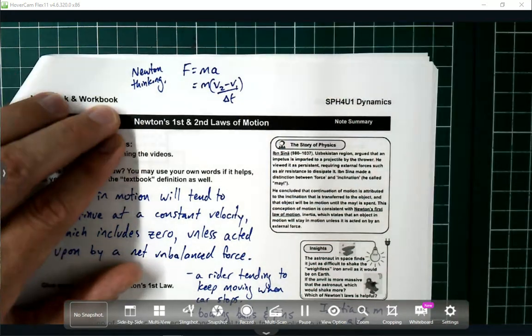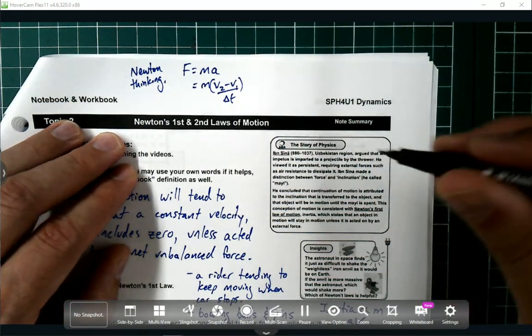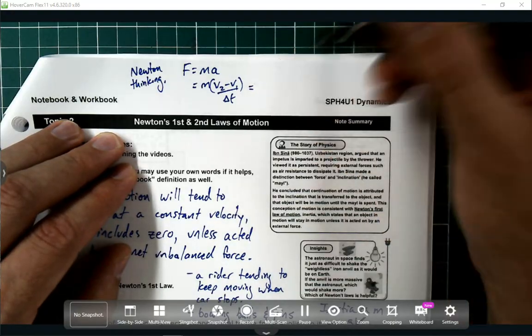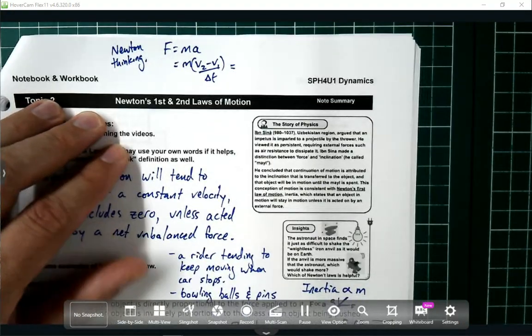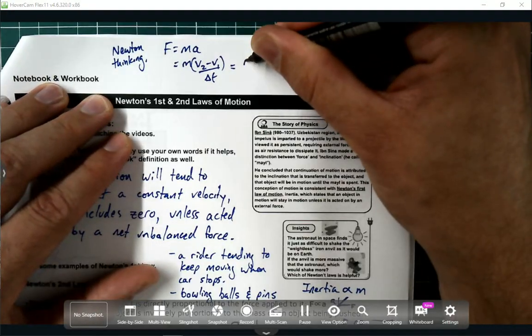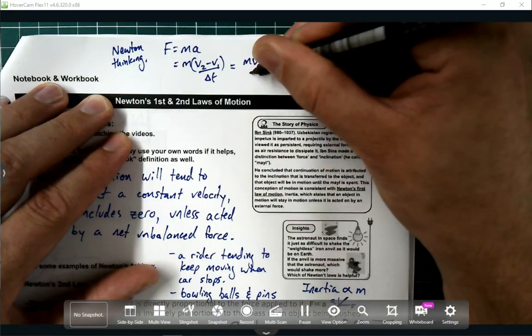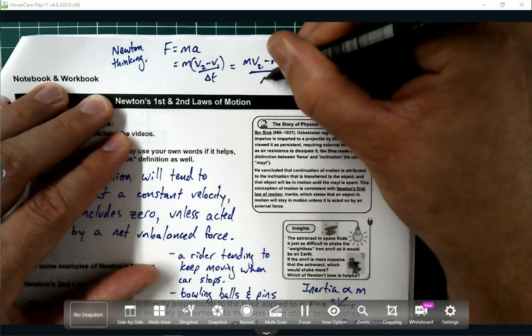So we could expand that acceleration out to delta v over delta t. But if I use the distributive property, don't tell anybody that I have two equal signs on the same line. My math teacher friend will hurt me. You end up getting mv2 minus mv1 over delta t.